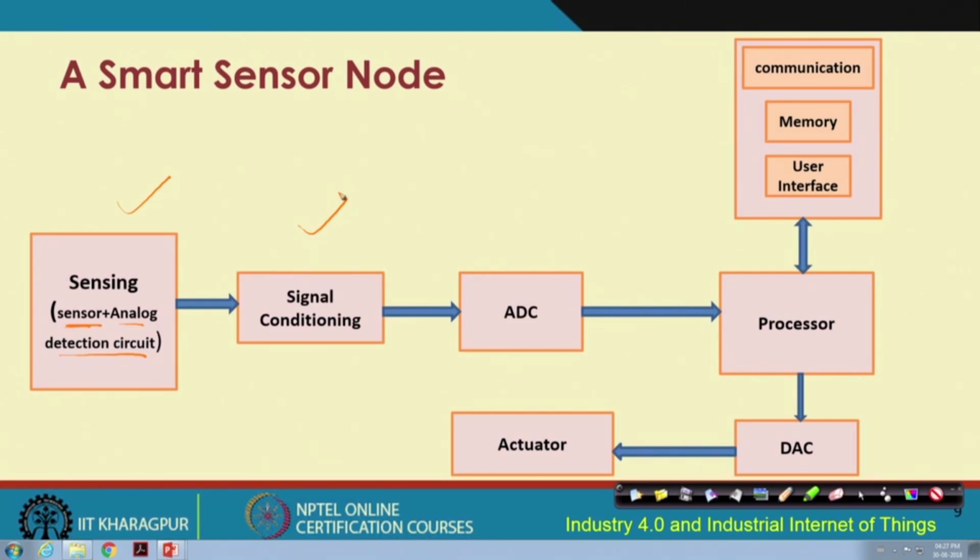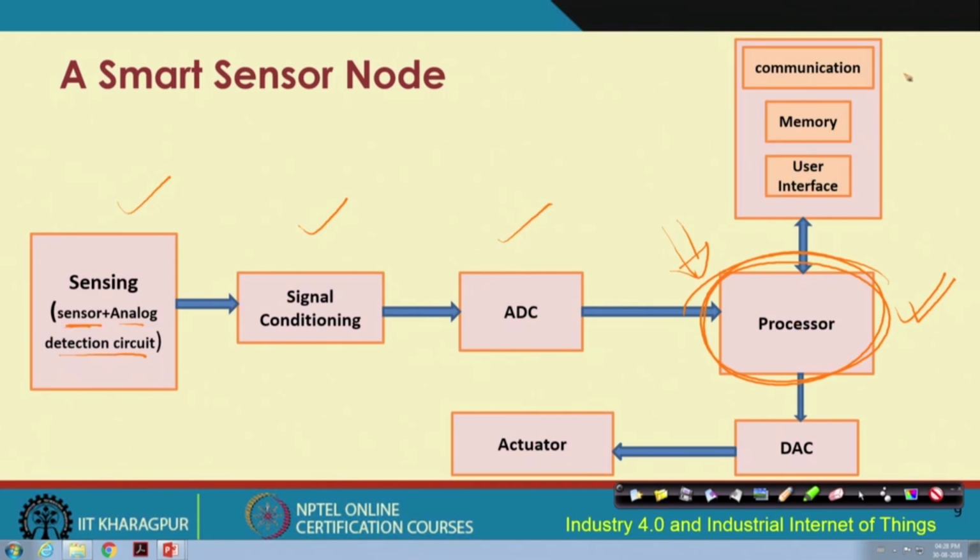Then you have the ADC, the analog to digital converter, and the processor. The processor is the one where all these computations take place, and different algorithms can be executed. This is very important in a smart sensor node and intelligent sensor node. Intelligence comes through algorithms, right, and these algorithms can be executed at this processor.